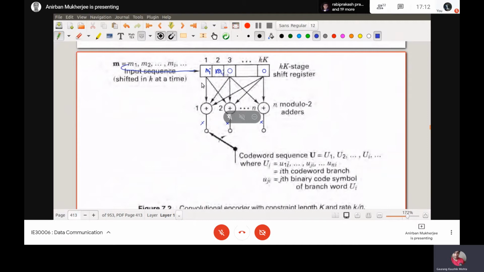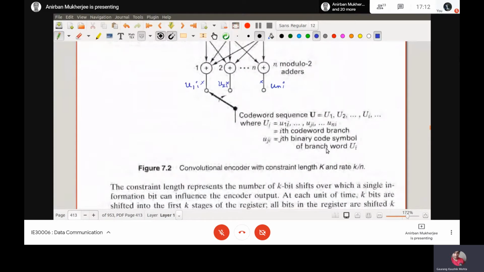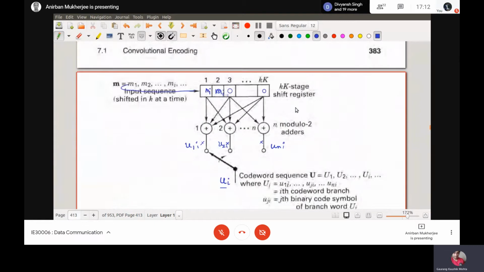Like that. Then this is the code word sequence, the Ui, meaning all this is an n-length vector.